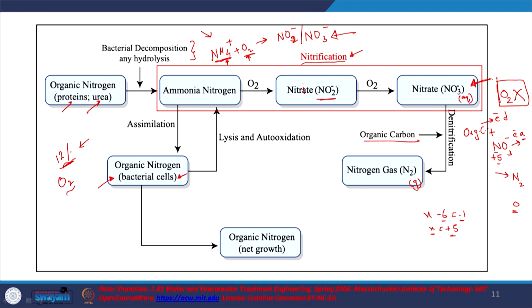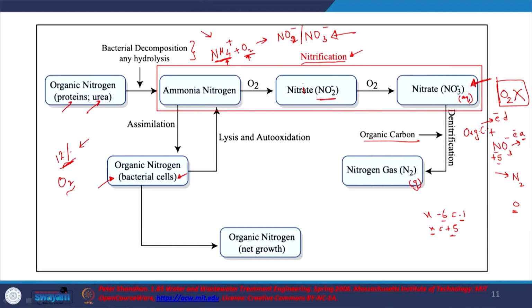If you look at the thermodynamics, microbes that use oxygen as the electron acceptor in the presence of organic content typically gain more energy, so those microbes will be prevalent if you have oxygen. That is why you have to prevent oxygen from being present when you try to have denitrification.